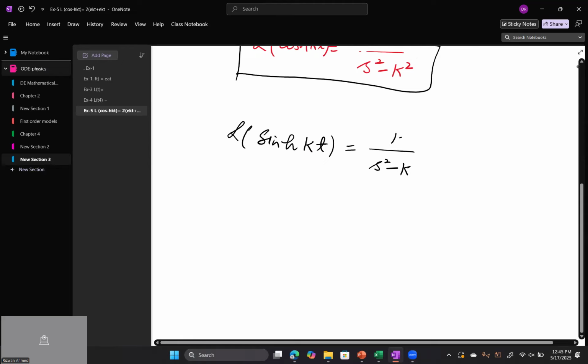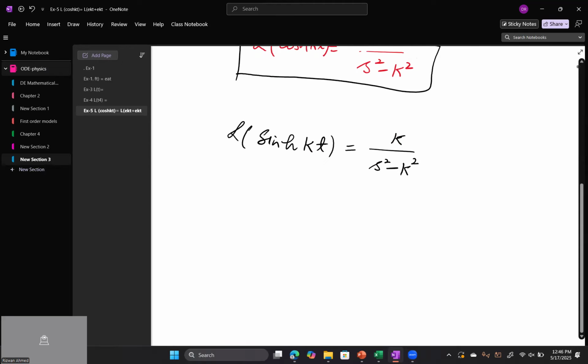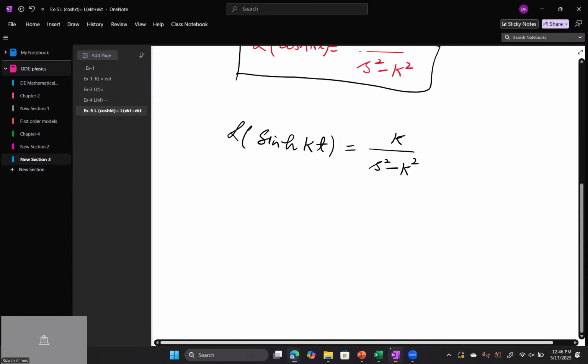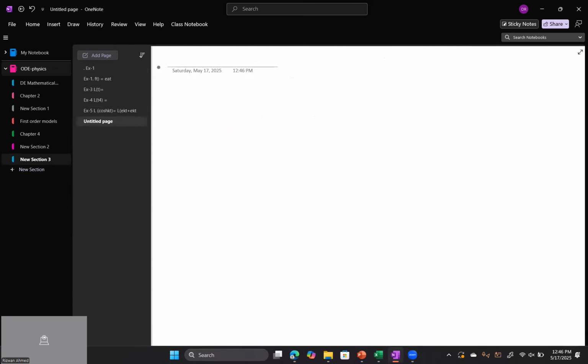It will be with the constant k over s squared minus k squared. So I leave its verification for students. So cos hyperbolic kt is s over s squared minus k squared, I proved that one, and sine hyperbolic kt can be proved along similar lines. So this is this one, and then let's calculate for sinusoidal functions.